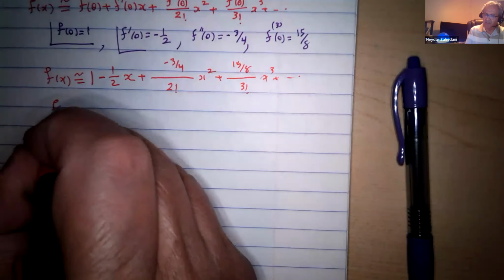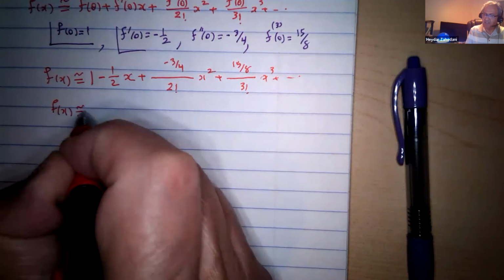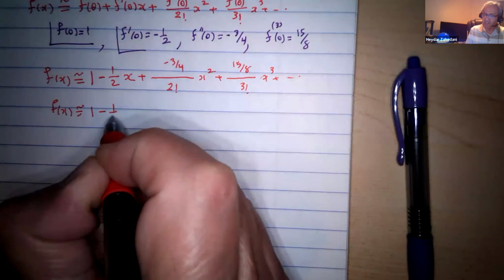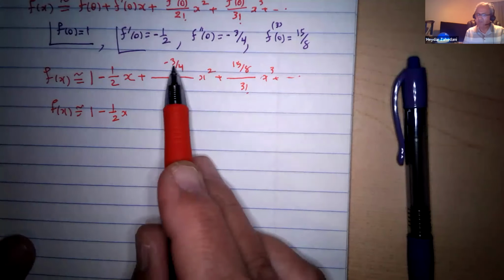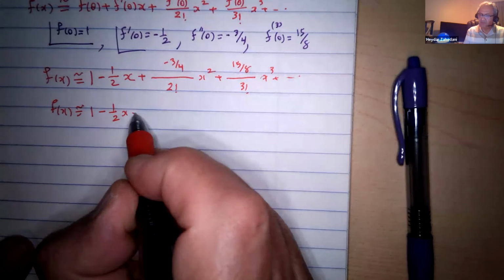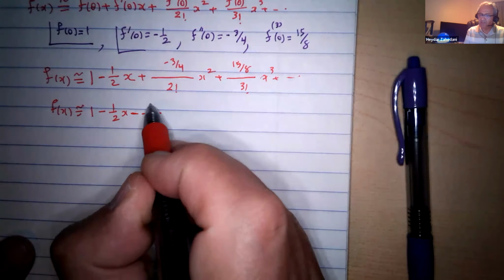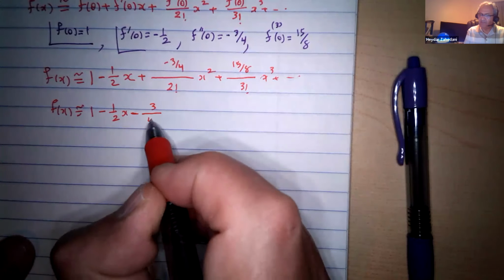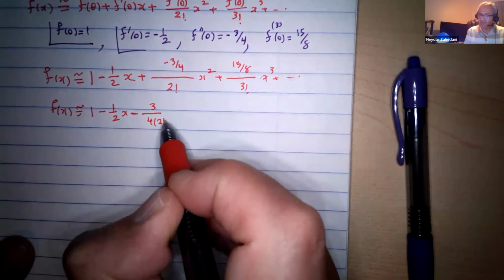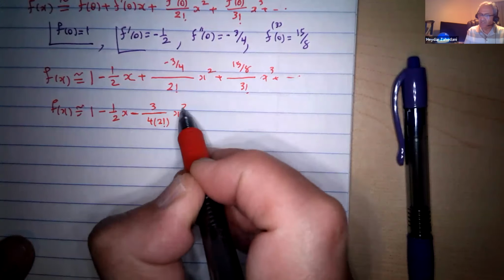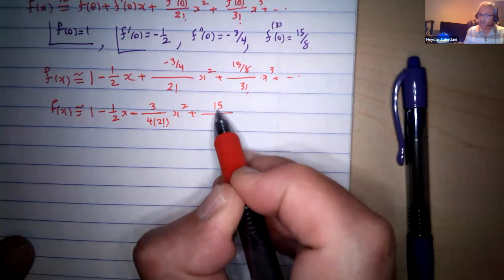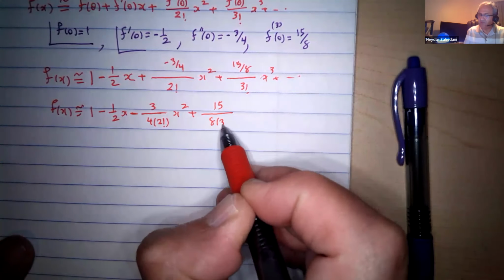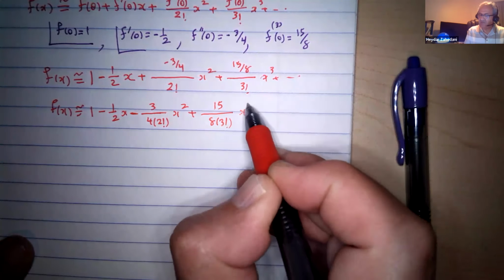So this is it. 1 minus 1/2 x. You can simplify this one, bring it down. So it's going to be minus 3 on the top, 4 times 2 factorial down the bottom, x squared. And this is going to be 15 on the top, 8 times 3 factorial, x to the third.